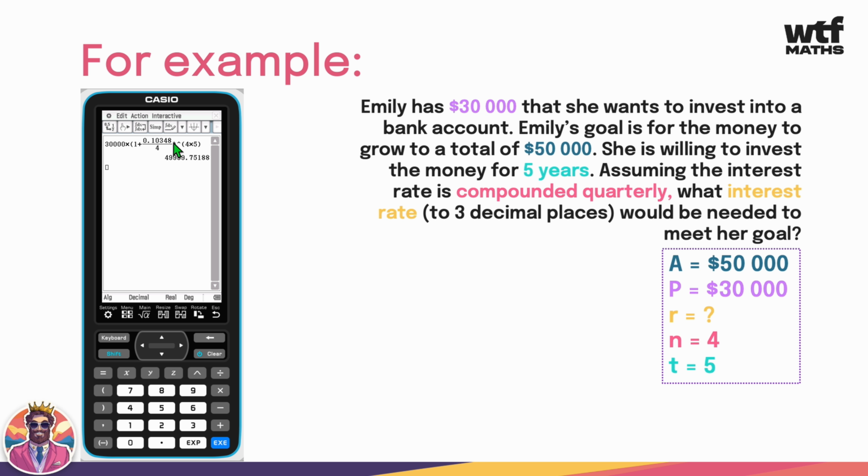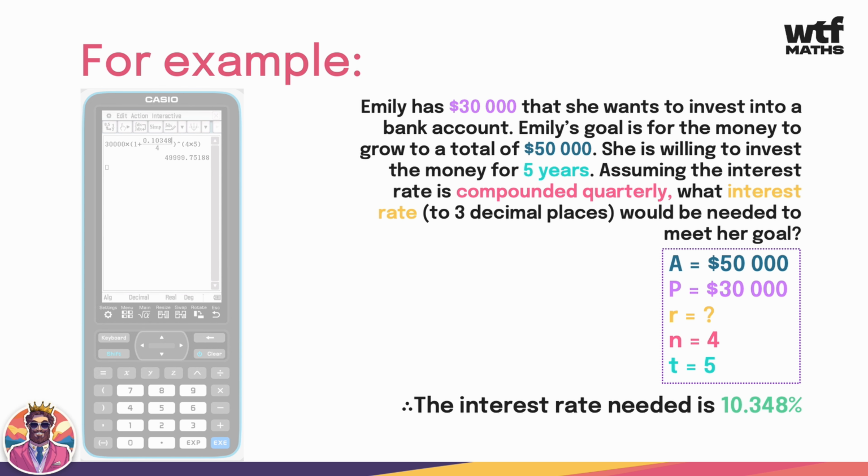When we're talking about thousands of dollars, the decimals do matter. So if we went to maybe like 5 or 6 decimal places, this would be very, very, very close to $50,000. So the rounding does affect what the answer looks like, but we have answered the question by going to 3 decimal places. So overall, to answer the question, the interest rate needed to be 10.348% in order to get that $50,000 total.